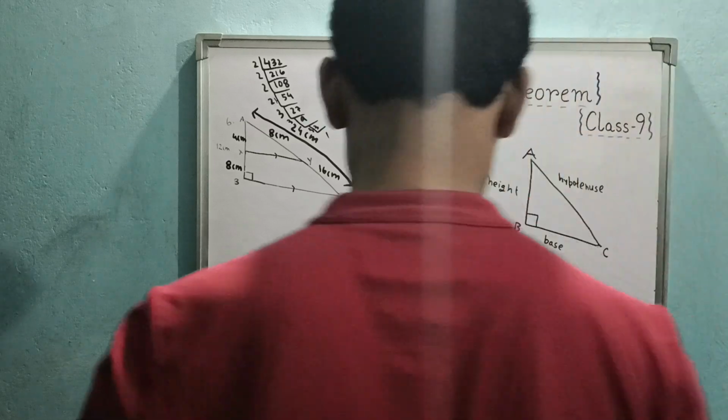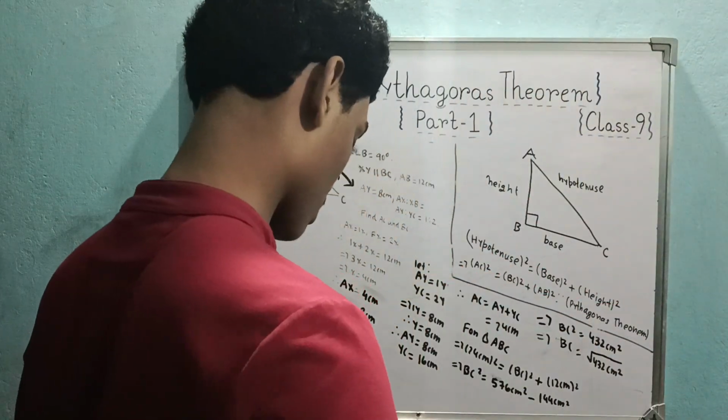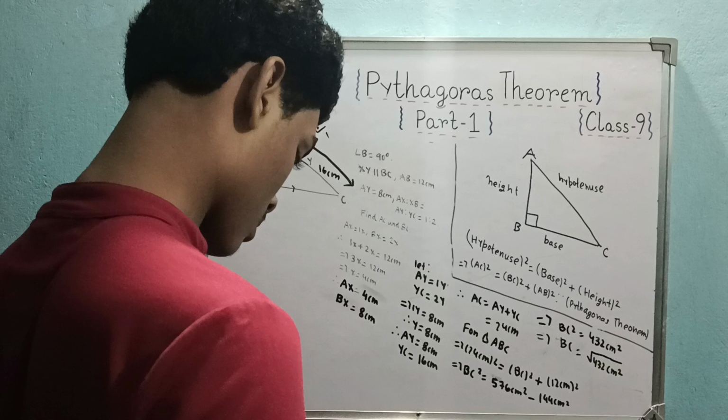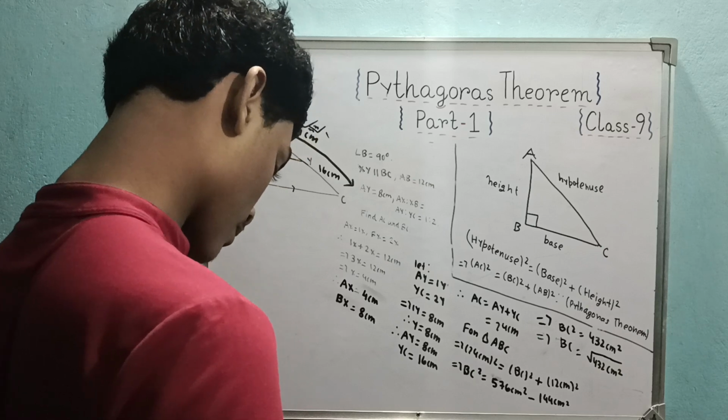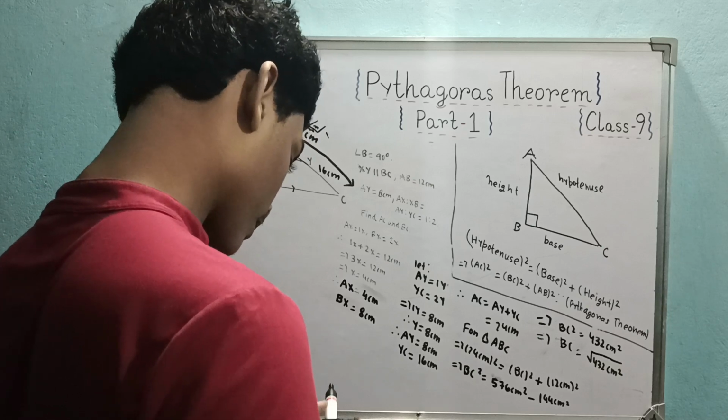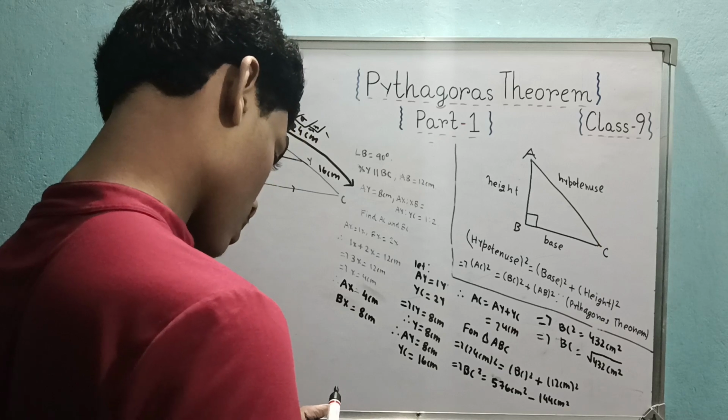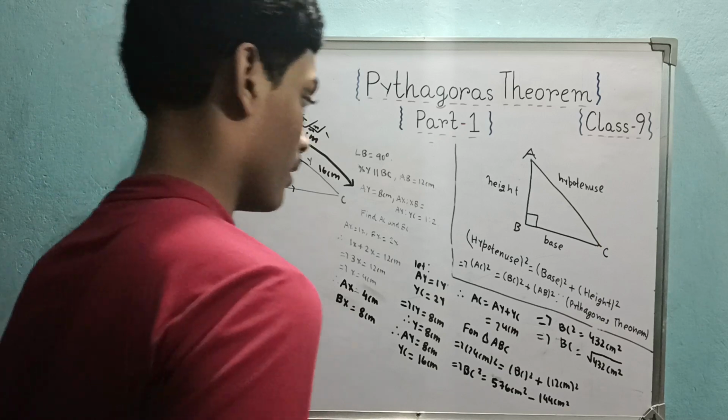Let's see what is root 432. What will be the value of root 432? Okay.